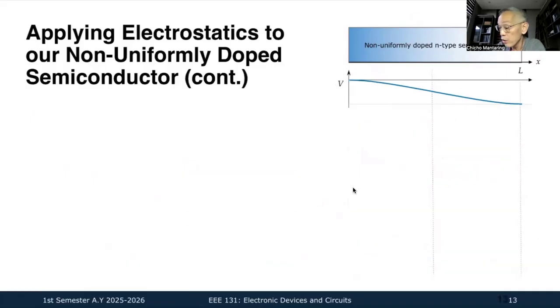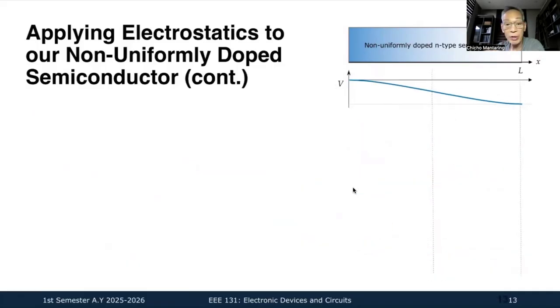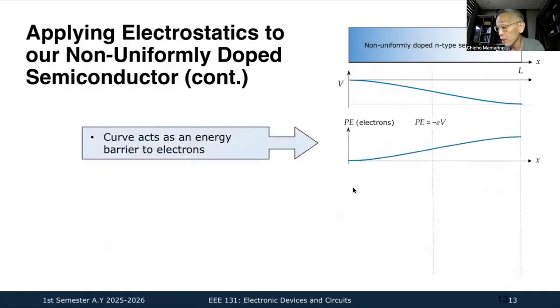So, I just repeated the voltage here. What do we want to find out next? The potential energy. What is potential energy? For electrons, it's negative E times V. So this is now the potential energy, and we already said that this acts like an energy barrier.